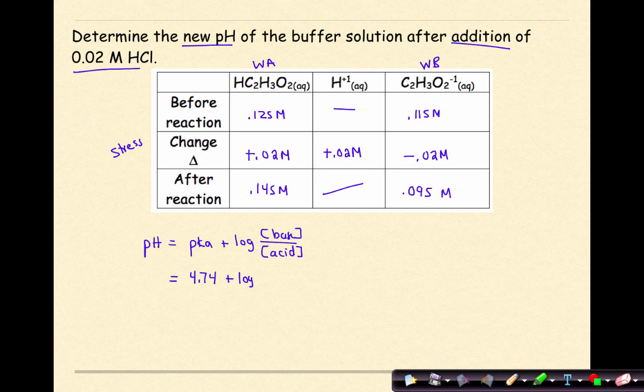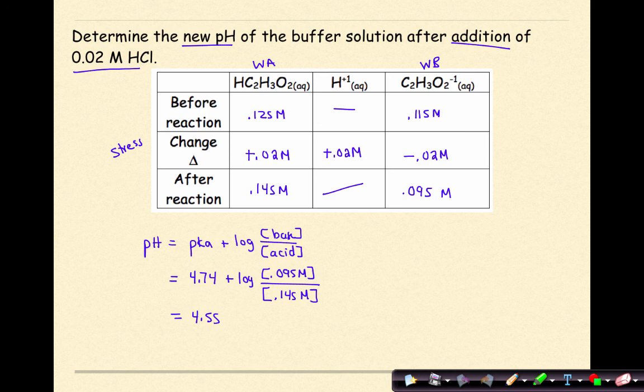So the concentration of our base is now going to be a little bit lower, 0.095 molar, and the concentration of our weak acid is going to be a little higher, 0.145 molar. 4.74 plus the log of 0.095 divided by 0.145, that turns out to be a pH of 4.55.